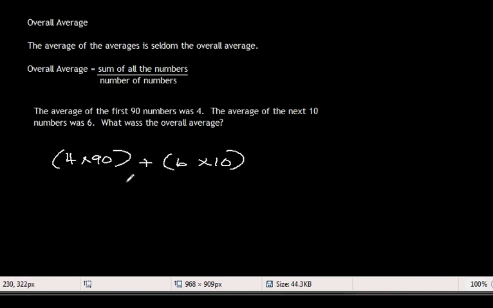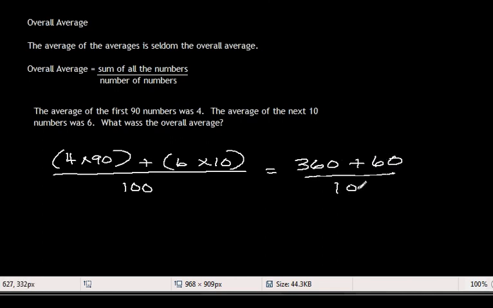That gives you the total sum of all the numbers, all divided by the total number of numbers, which is 100. So you're basically taking this times this plus this times this. And we're going to get 360 plus 60 divided by 100, and your final answer will be 4.2.